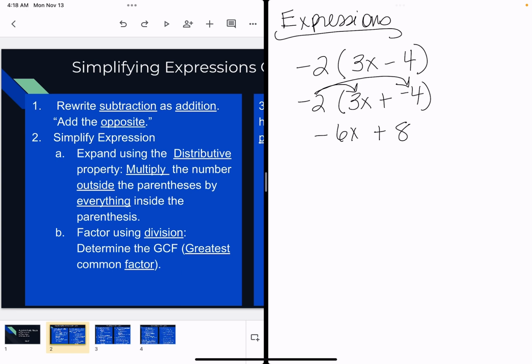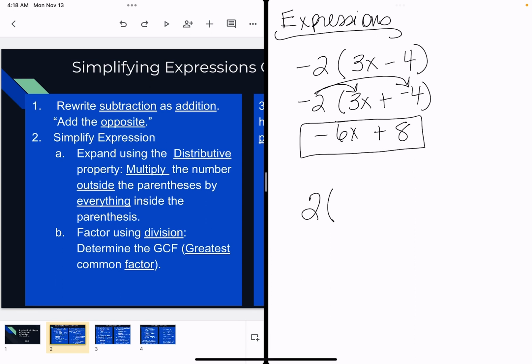Now, sometimes you're going to need to factor using addition. Maybe it has that right here, that -6x + 8, and they want you to simplify by using factoring. Well, what you would do is find the GCF, the greatest common factor. What would go into both -6 and +8, and the answer would be either -2 or +2. You can choose. If I take out the +2, this is what this would look like. 2 parentheses.